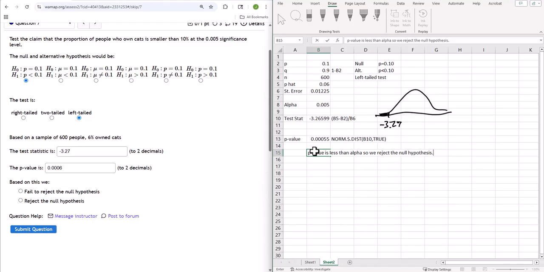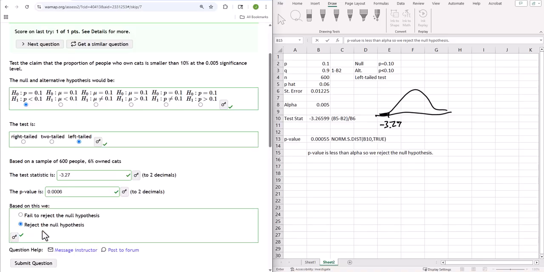We'll reject the null hypothesis if our p-value is less than alpha. If we reject the null hypothesis, then there is evidence to support the claim that the proportion of people who own cats is smaller than 10%. So kind of getting into the context. If we reject the null hypothesis, then there is enough evidence. If we do not reject the null hypothesis, then there is not enough evidence. So we'll see how this goes here.